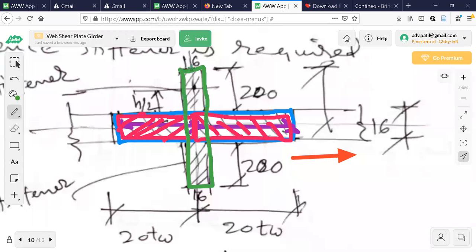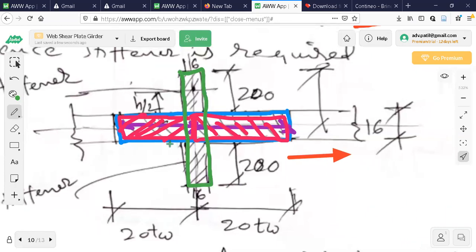So 16 is B. D is how much? 200 plus 200 plus 16, 416. 16 into 416 cube by 12. That is one rectangle is over.